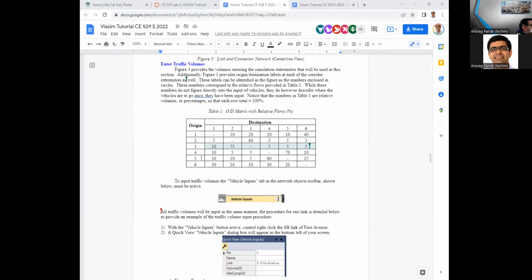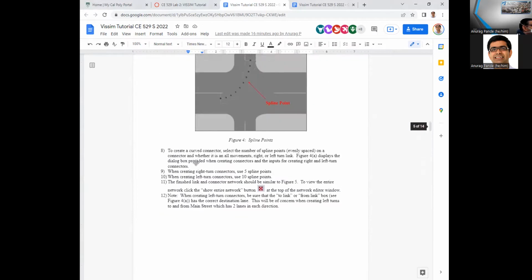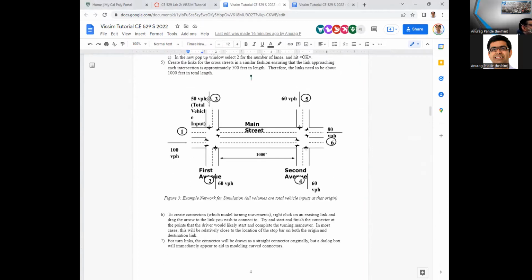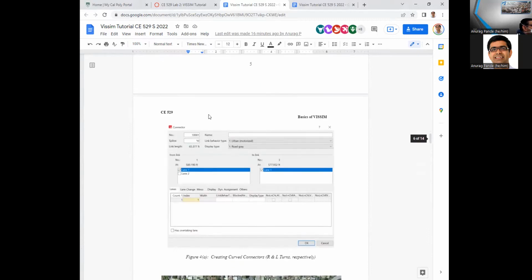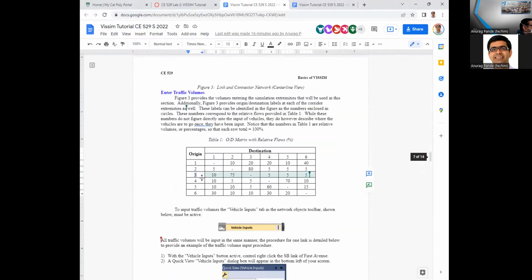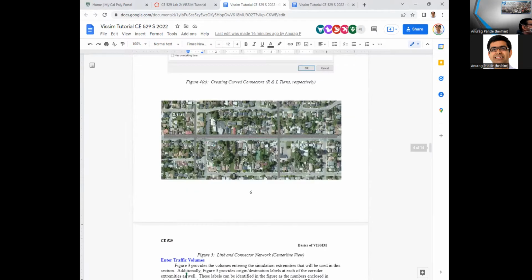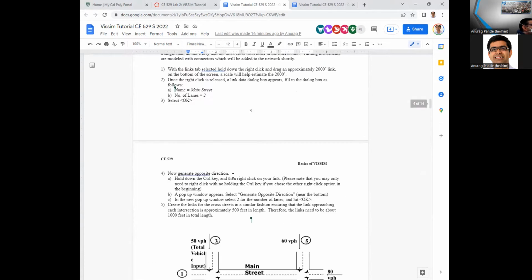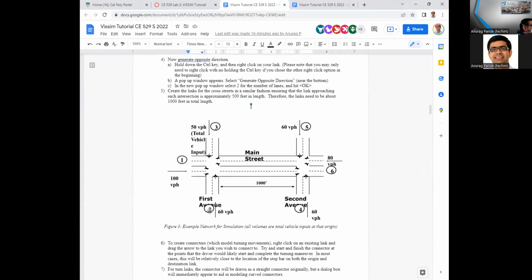And you can see what zone 3 looks like. So zone 3 in this figure was from up top here. From zone 3, most of the traffic is going to zone 2, right? 75% of the traffic is going to zone 2. So basically, from this 3 to this 2, 75% of the vehicles will be going to this point.